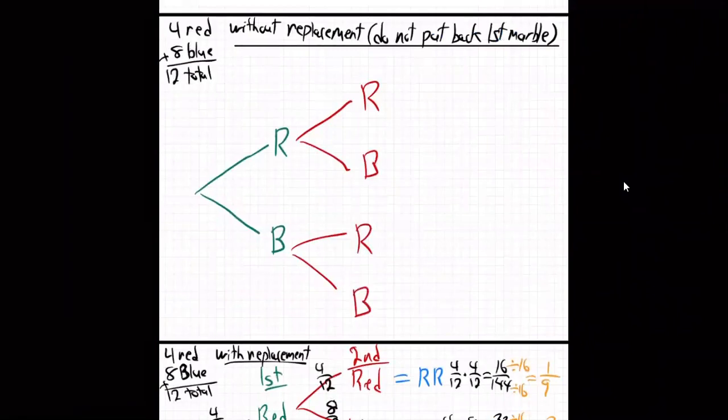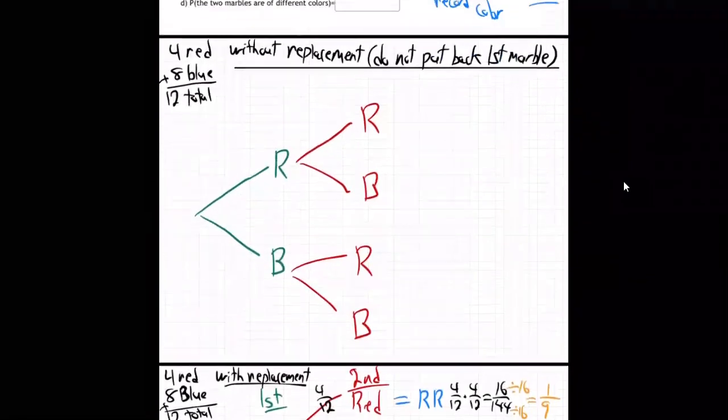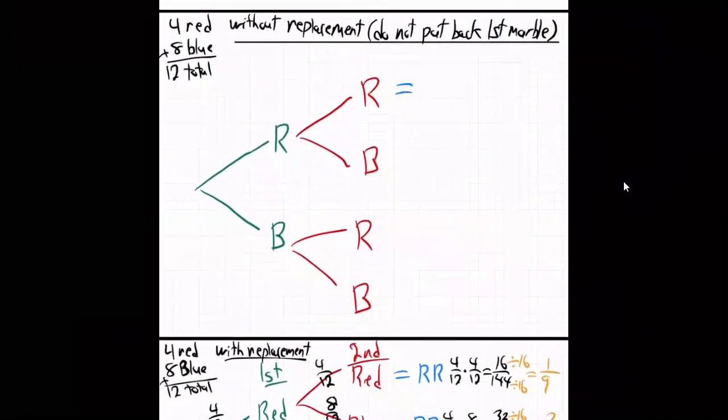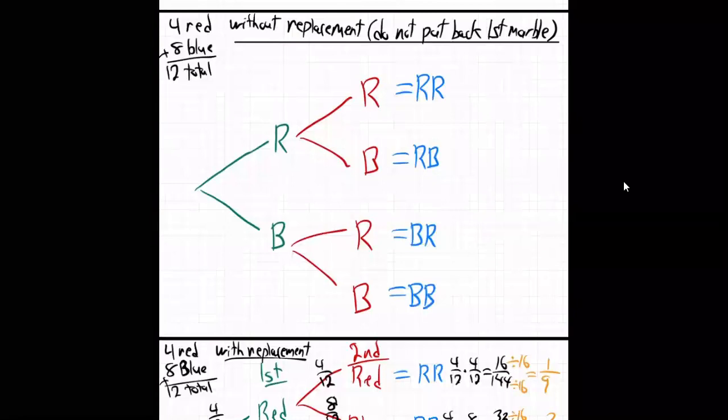Okay, and then we have the results. I should write those in first off. The results over here. Red followed by red, red followed by blue, blue followed by red, blue followed by blue, right?